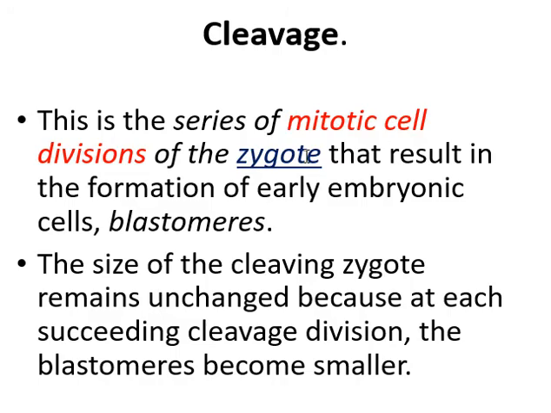As we have already discussed this topic up till zygote. Now, after zygote, there will be the division of the zygote, and the process under which division occurs is called cleavage. This is the series of mitotic cell divisions of the zygote that results in the formation of early embryonic cells, blastomeres.